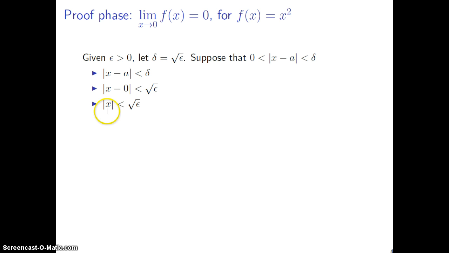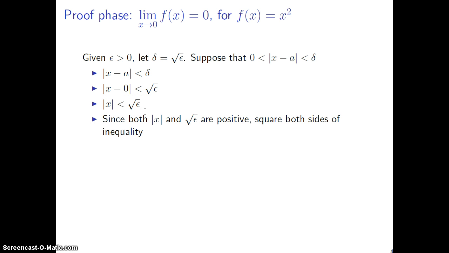So absolute value of x is a positive number, and square root of epsilon is a positive number. So since both of those are positive, you can square both sides of this inequality, and you'll get this statement right here.